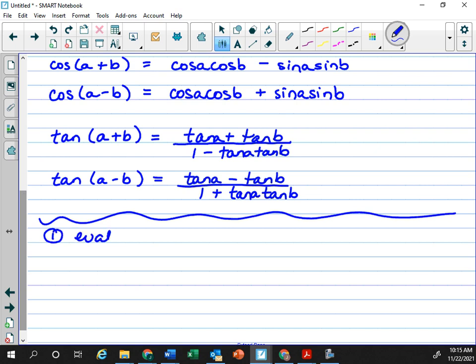Okay, so we're going to be evaluating. We'll start with the cosine of 15 degrees.